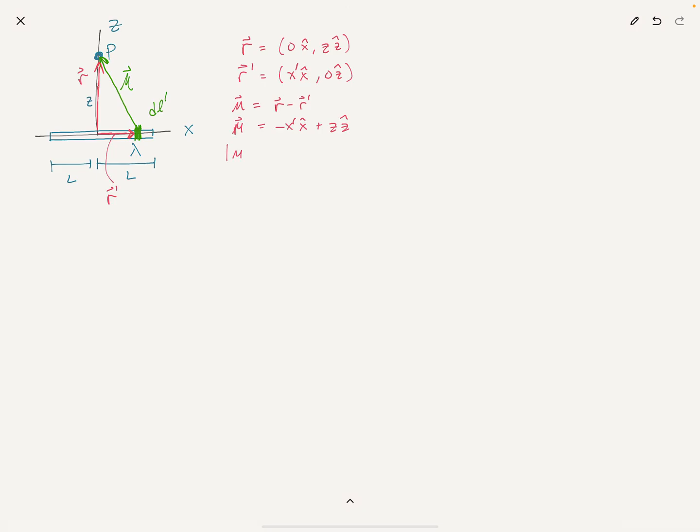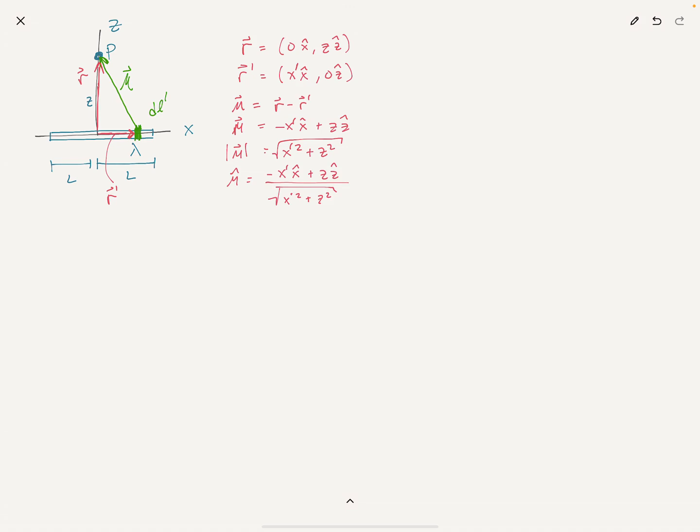Okay, the magnitude of my vector is the square root of x prime squared plus z squared. And while I'm at it, I'll just define the unit vector as minus x prime x-hat plus z z-hat over the square root of x prime squared plus z squared.